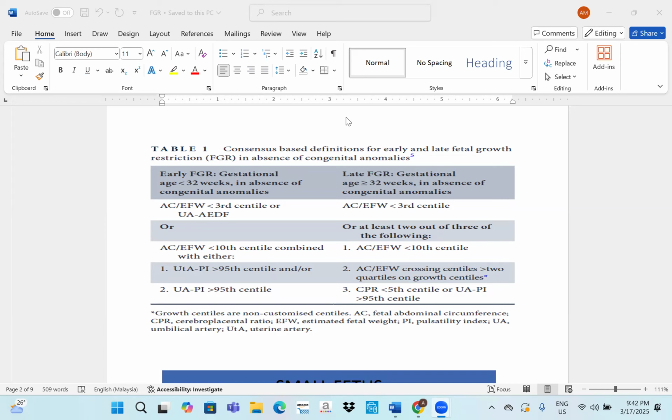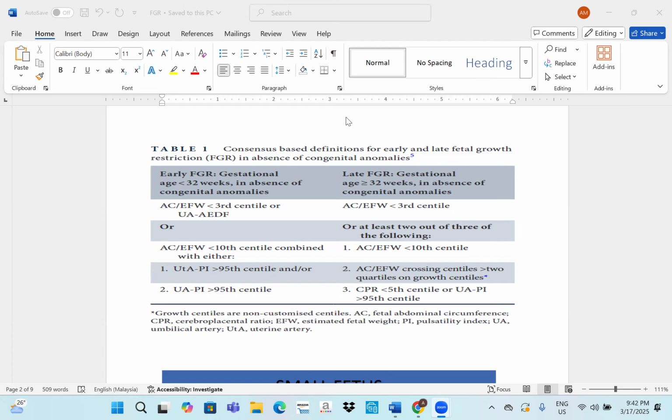But whenever you see, it is a ratio of middle cerebral artery to the umbilical artery pulsatility index. So if the middle cerebral artery pulsatility index is high, the cerebroplacental ratio would be high.